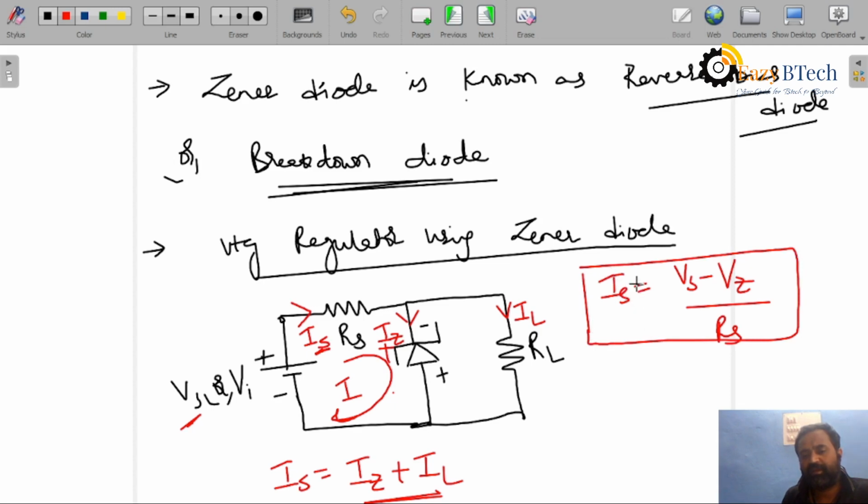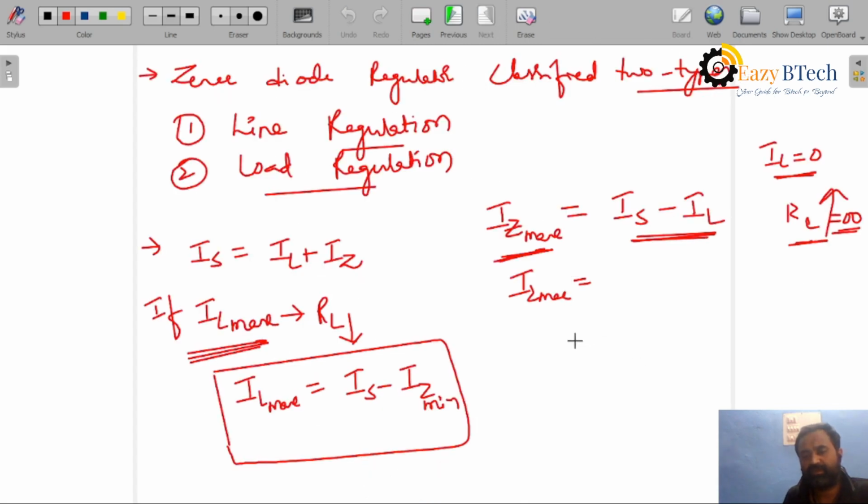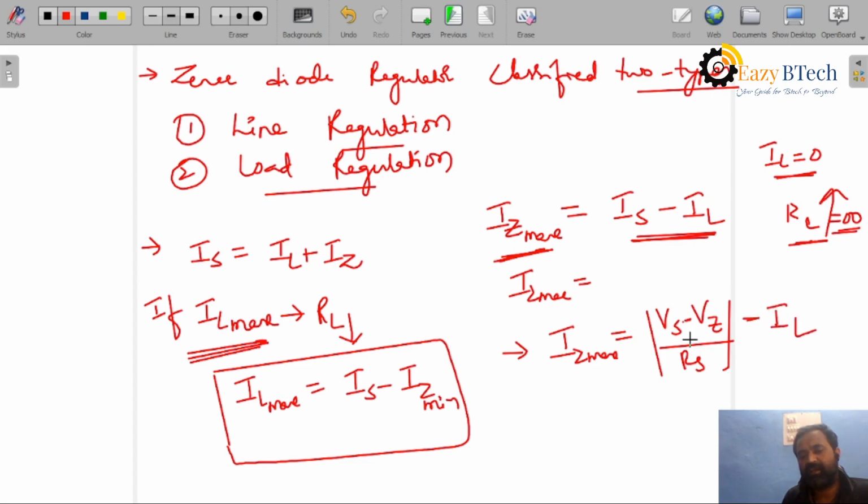Remember, Is is equal to Vs minus Vz by Rs. Iz max is equal to Vs minus Vz by Rs minus IL.